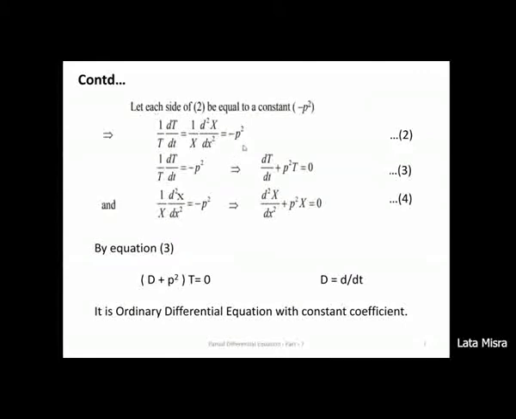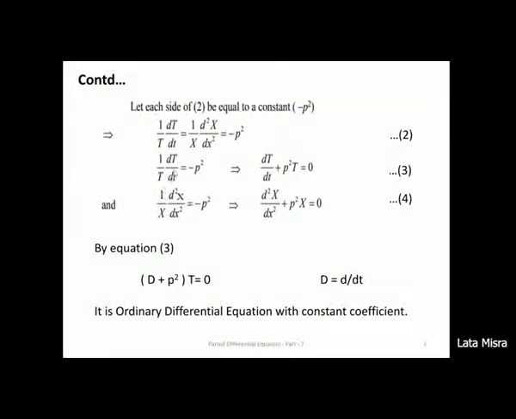Now we consider the term 1/T dT/dt equals minus p square. When we multiply T to the right hand side, we get dT/dt plus p square T equals 0, and we see this is an ordinary differential equation with constant coefficients.